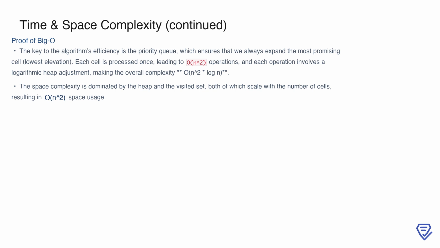Since each operation requires a logarithmic adjustment to the heap, the overall time complexity becomes O(n squared * log n). Similarly, the space complexity is driven by the size of the heap and the visited set, both of which scale with the number of cells in the grid. This leads to a space complexity of O(n squared). Together, these factors highlight the efficiency and scalability of the algorithm.